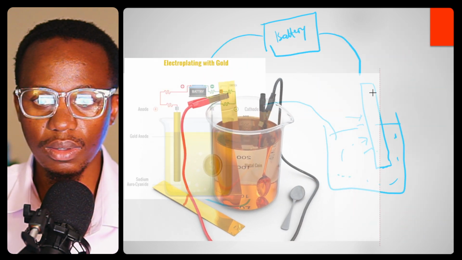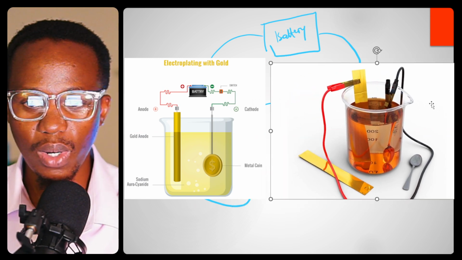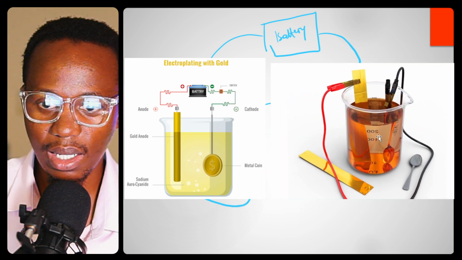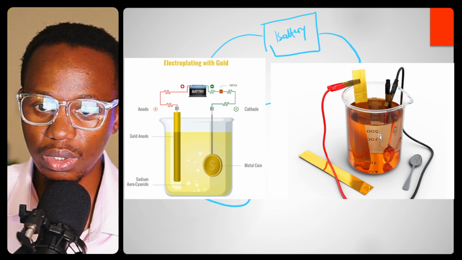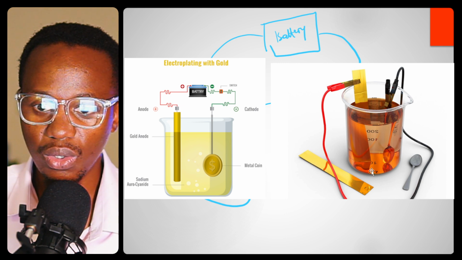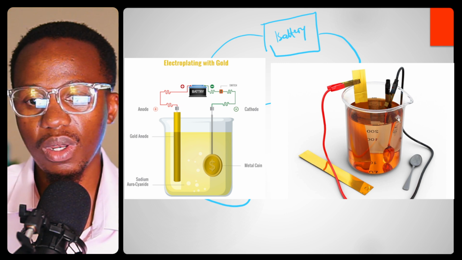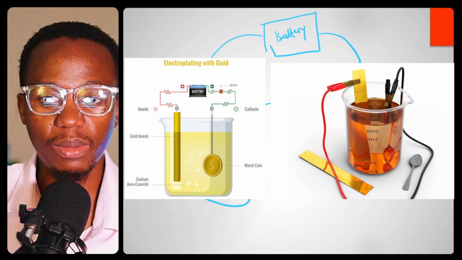So the picture here is kind of what's going on. This is the setup. You can plate a silver spoon with gold by putting it into a gold solution. You run a current through, and before you know it, your silver spoon has been plated by gold.